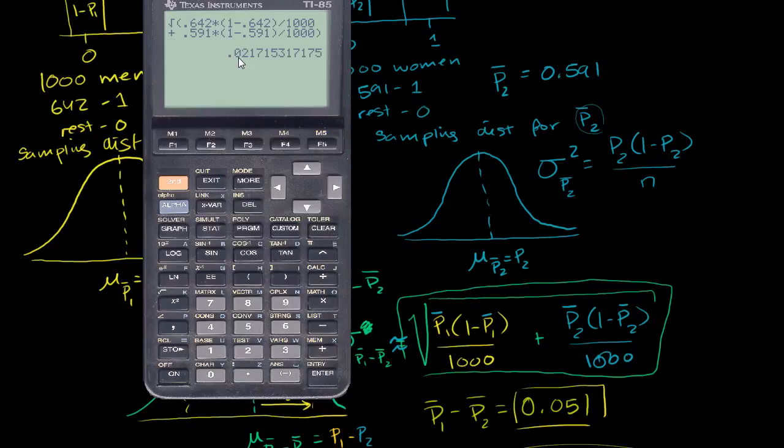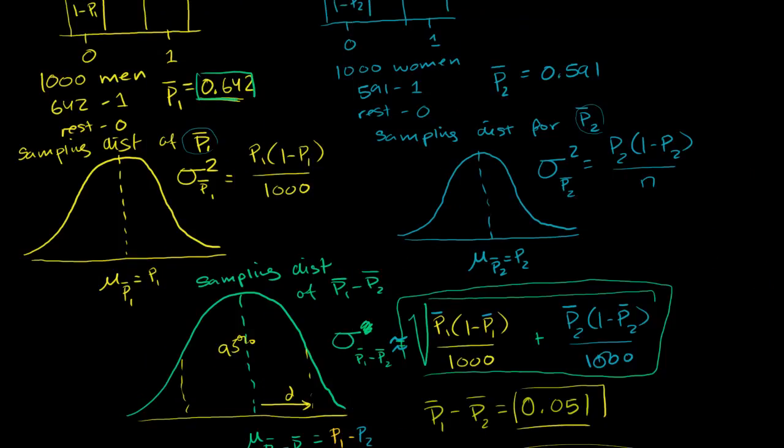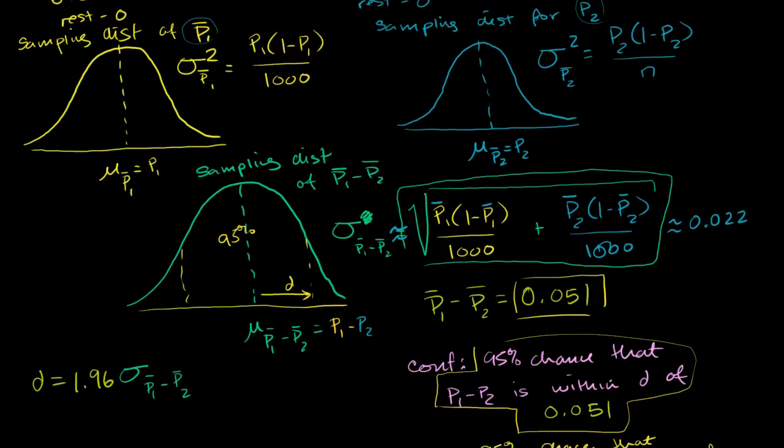So we get 0.021, or maybe we'll say 0.022. So this value right here is approximately 0.022. So going back to our question, this distance that we care about, our best estimate of it is approximately 0.022.